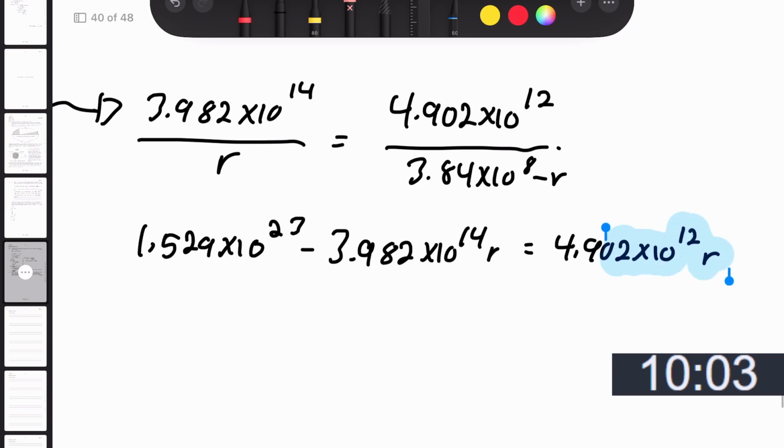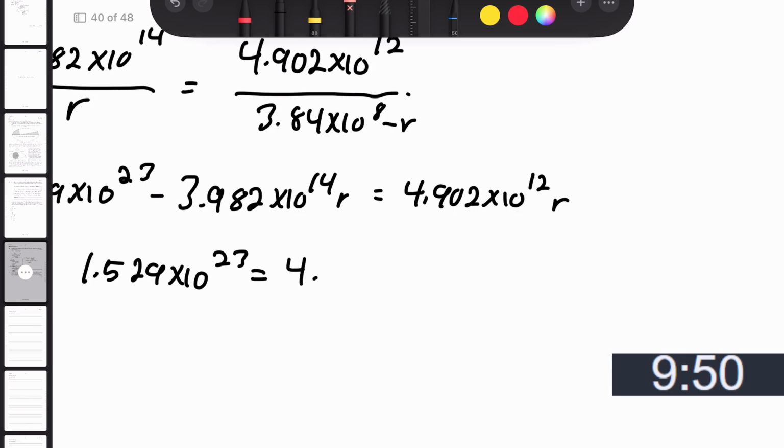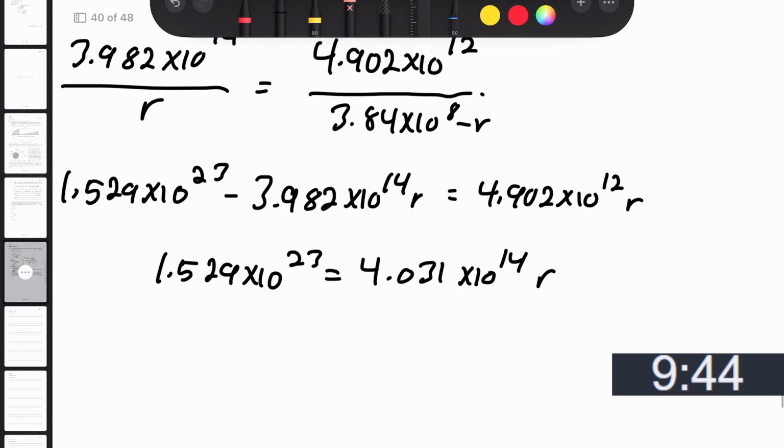So then I'll add that to the other side: 1.529 times 10 to the 23 equals 4.902 times 10 to the 12 plus 3.982 times 10 to the 14, which is 4.031 times 10 to the 14 times the radius.